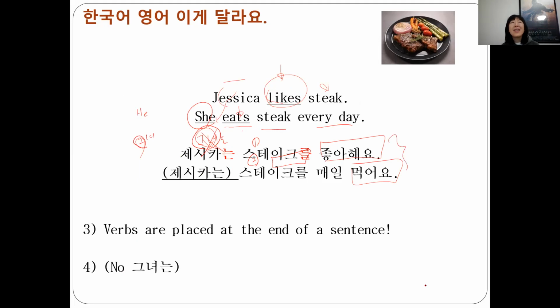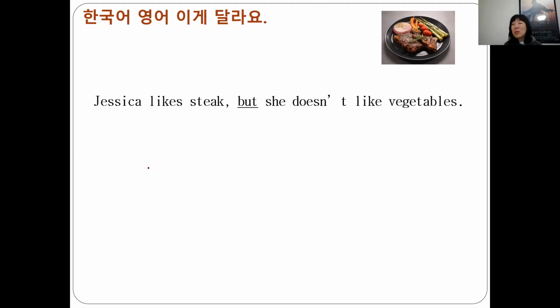So there is a saying that if you want to understand Korean, you have to listen to him, her, to the end. You can see Jessica likes, then Jessica likes something. But in Korean, say Jessica는 스테이크를 좋아해요? 안 좋아해요? The content is different at the end of the verb, right? So there is a joke that if you want to understand Korean, you have to listen to the end. 갑시다.